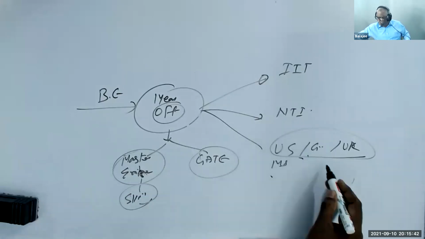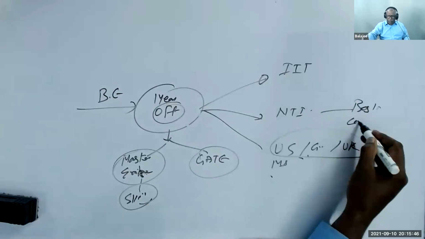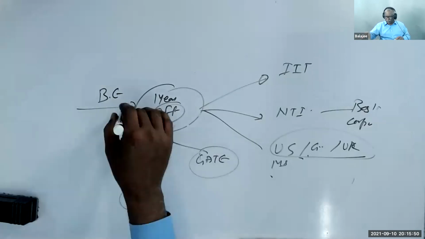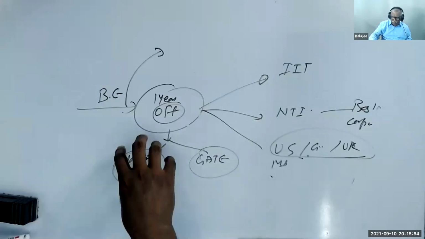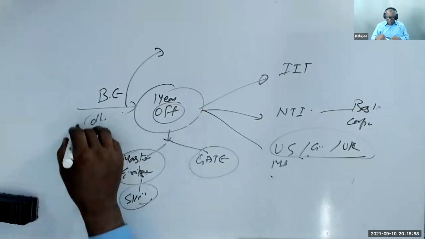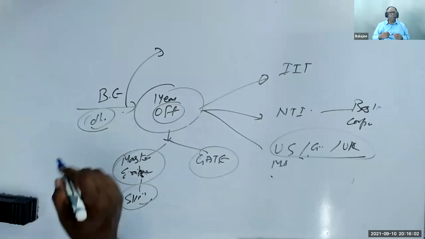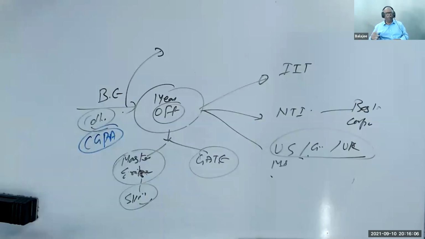This is what everybody is doing a mistake. After BE, you should never take masters immediately nowadays. You should spend 1 year for this. And during college, never prepare for GATE. Always try to score maximum CGPA. During college, score CGPA and then take 1 year off and prepare for GATE.